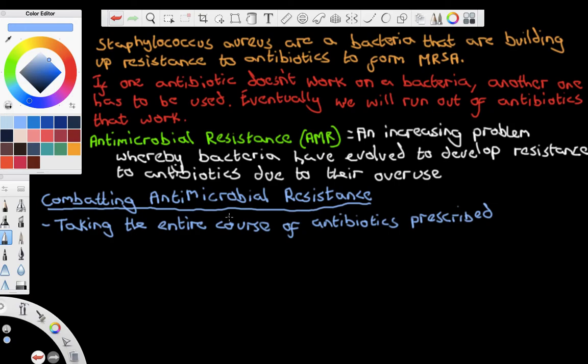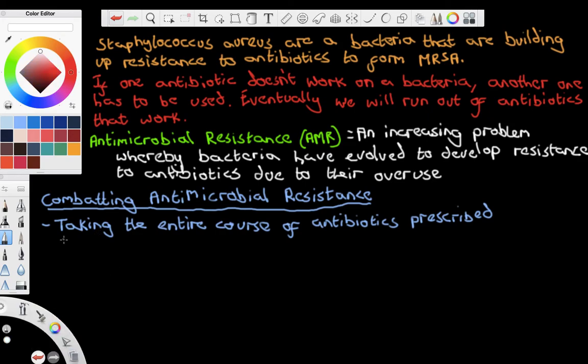Now, ultimately, if we don't use all of the antibiotics that we're prescribed, any bacteria left by not completing the course will be more resistant to antibiotics than the other ones that were killed. So the ones that are left behind at the end of the treatment have more resistance to antibiotics than the ones that were killed at the beginning, and therefore it's best to make sure that they are killed as well.